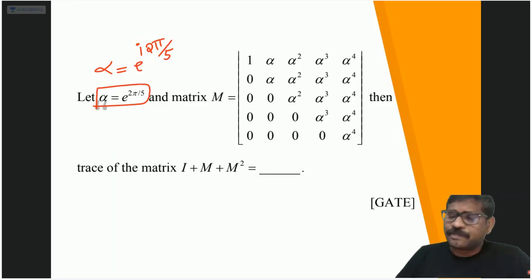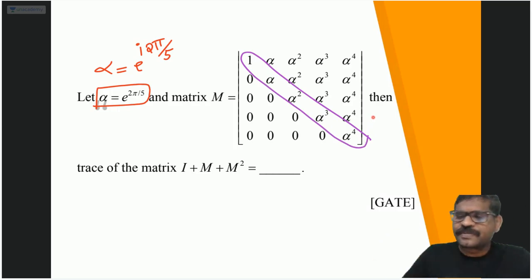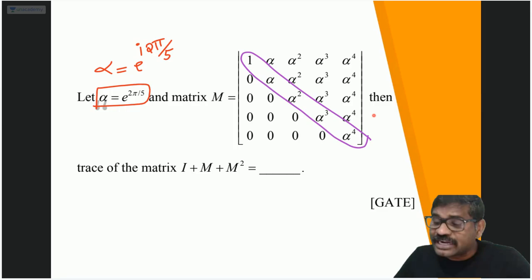Concentrate here. Excellent problem. The matrix is triangular. If the matrix is triangular, eigenvalues of a triangular matrix are its leading diagonal elements.